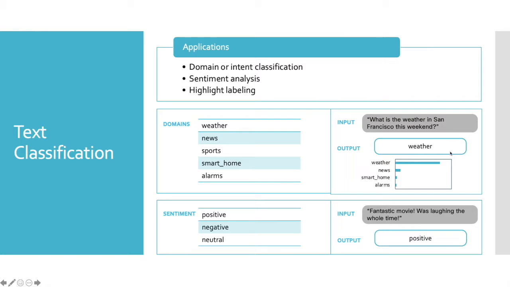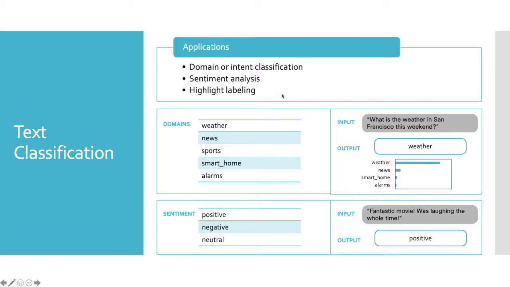Another example is sentiment analysis. In this case, given a piece of text, you want to output the labels of positive, negative, or neutral. For example, a query like fantastic movie, was laughing the whole time, which is, in this case, a movie review, that should be classified as positive sentiment.